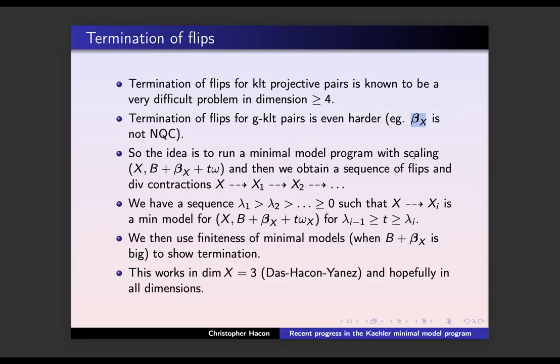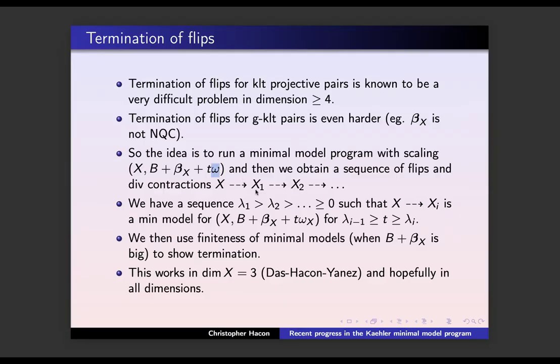So we would actually like to instead run a minimal model program with scaling. Again, we don't have any ample divisors, so we can't scale with respect to some ample divisor, but we have this Kähler form, so we can add a big multiple of a Kähler form and start decreasing this multiple until we reach a nef threshold, and then we do the corresponding flip and divisorial contraction and repeat.